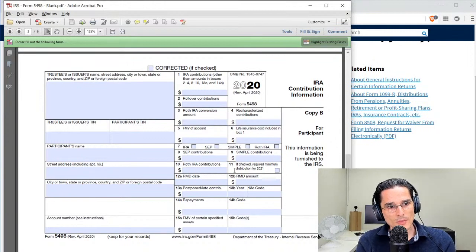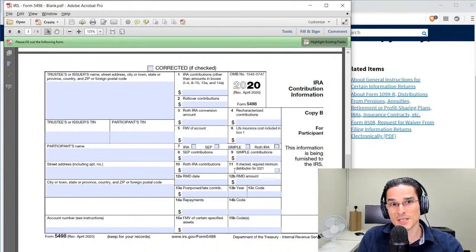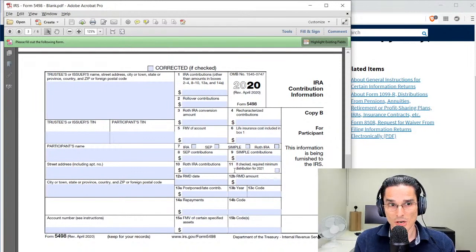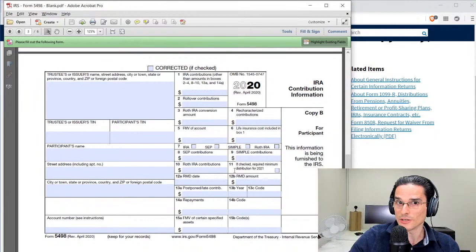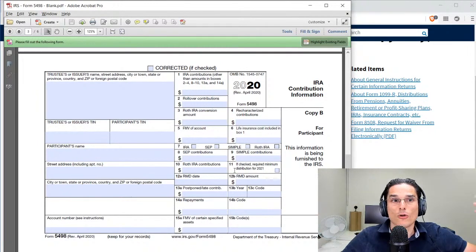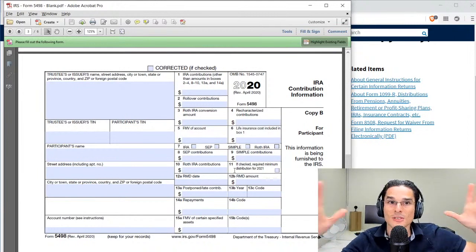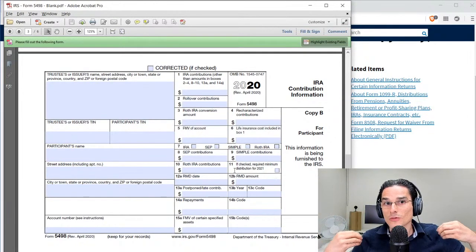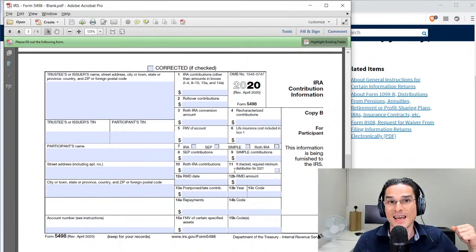Now, the reason that it's combined with the 1099-R in terms of the instructions is that the 1099-R generally focuses on distributions from retirement accounts, right? So if you have contributions or transfers between retirement accounts, you're thinking of a 5498. If you have distributions from retirement accounts, you're looking at 1099-R.